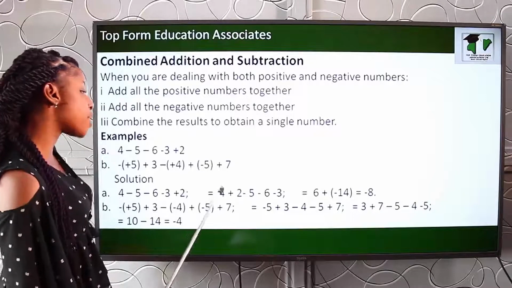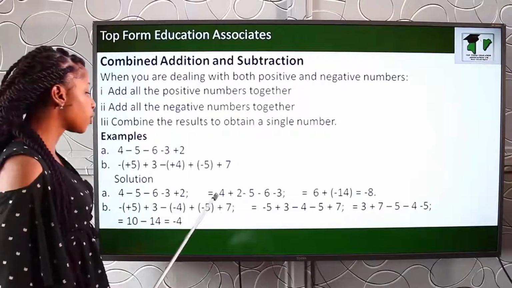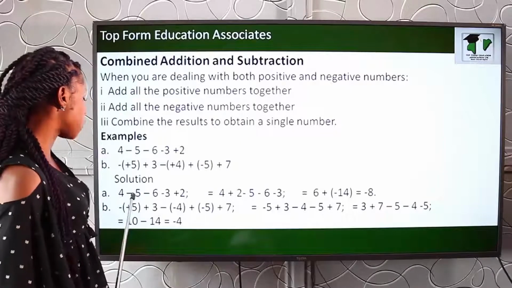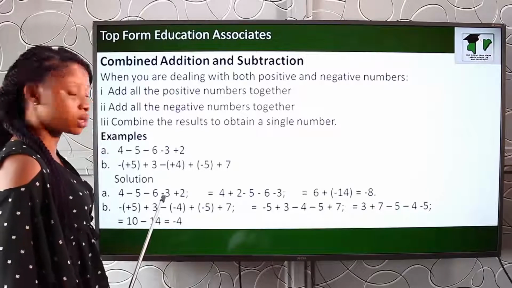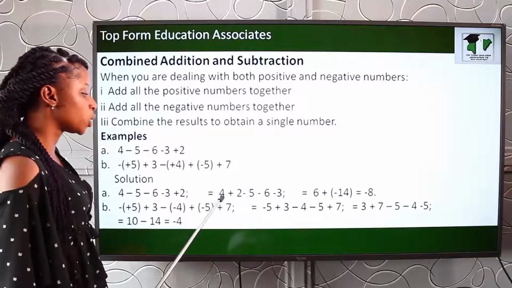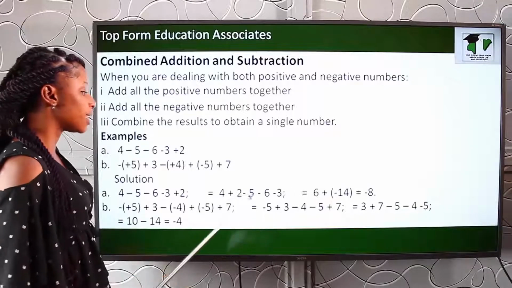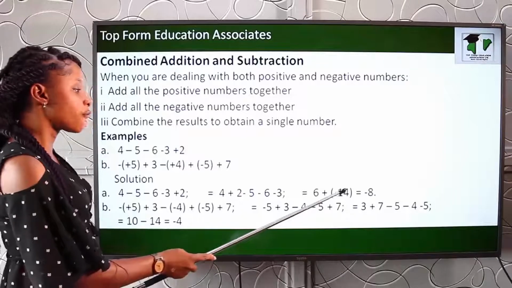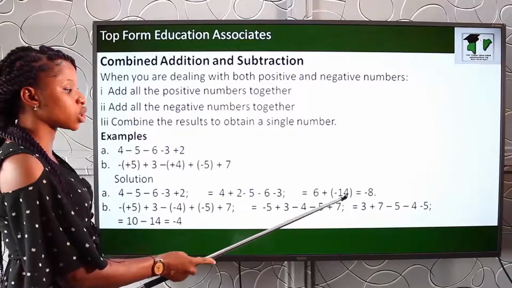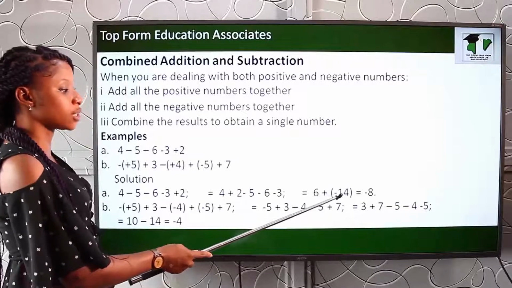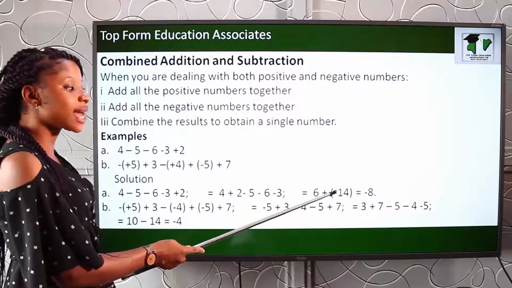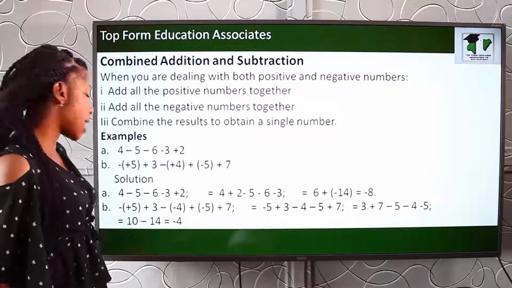So you rearrange your question as 4 plus 2, minus 5, minus 6, minus 3. We add all the positive numbers, which is 4 and 2, to give us 6. And when we add all the negative numbers, we have 14. Remember that plus and minus is minus. So you subtract 6 from 14 and you get 8, and simply place the sign inside the bracket in front of your answer.